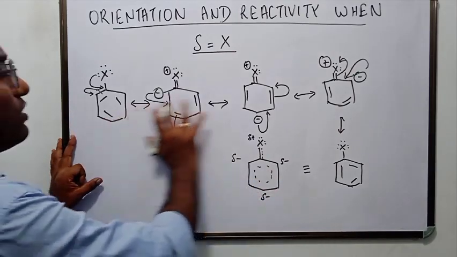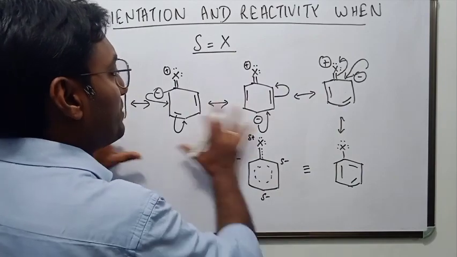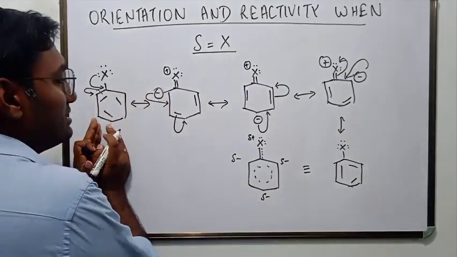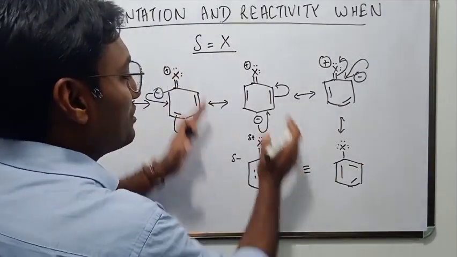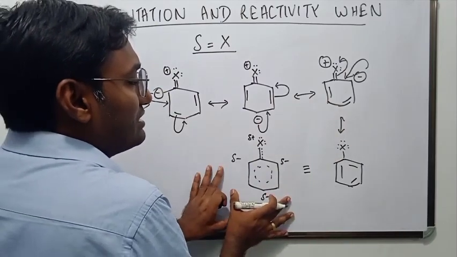The resonance hybrid structure represents all these structures. So the halobenzene is not like this, not like this. At any given time, a halobenzene is a combination of all these structures, and it is referred to as a resonance hybrid structure.